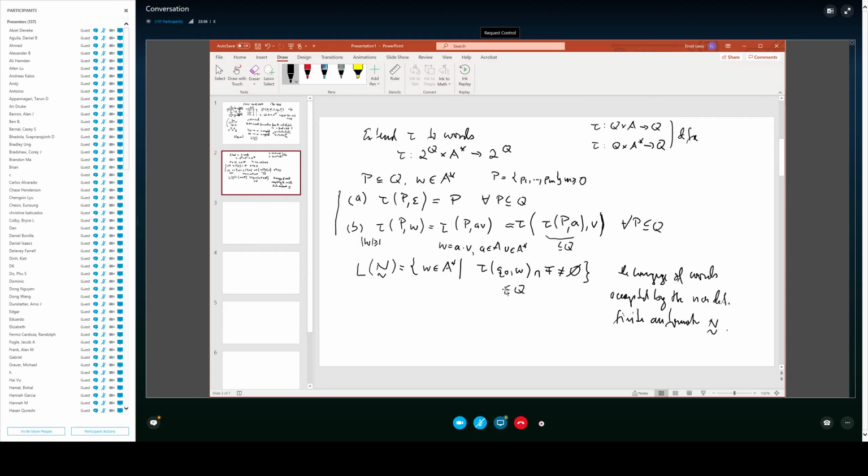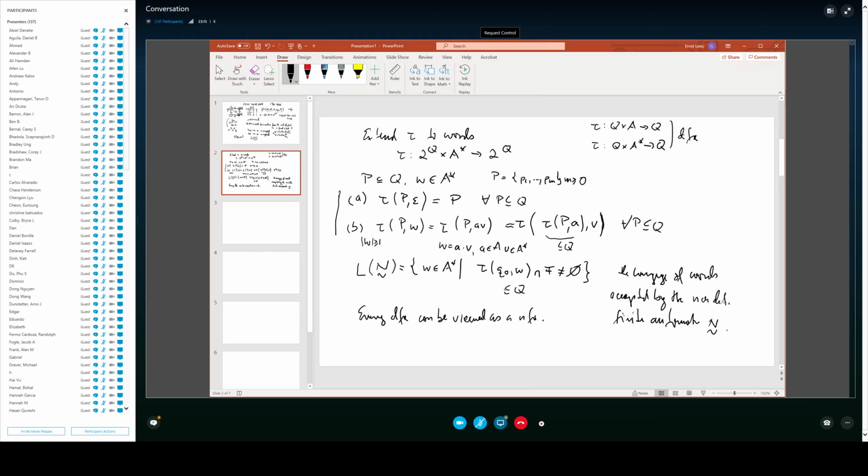And that means that every deterministic finite automaton can be viewed as a non-deterministic finite automaton. So as a result, we can immediately conclude that whatever can be done by a deterministic finite automaton can also be done by a non-deterministic finite automaton.